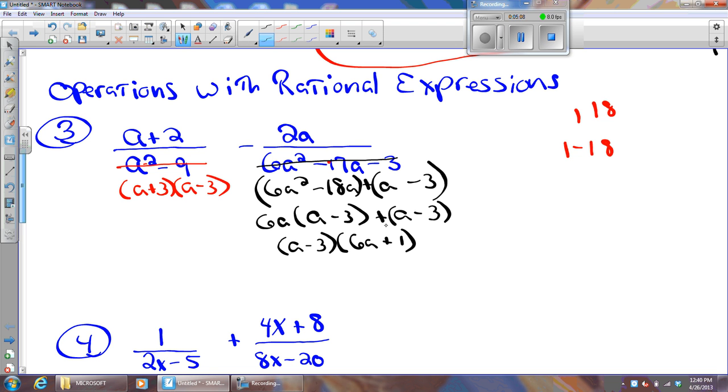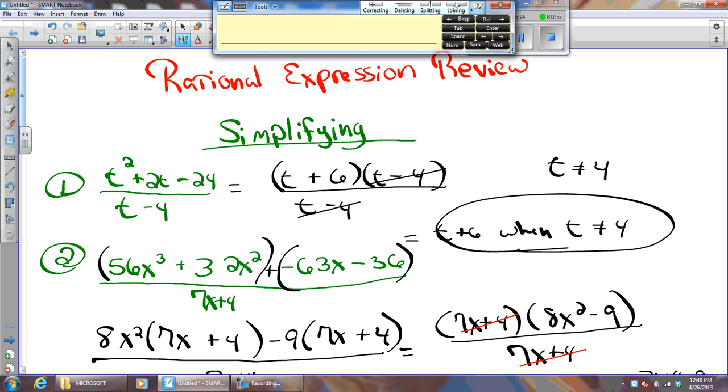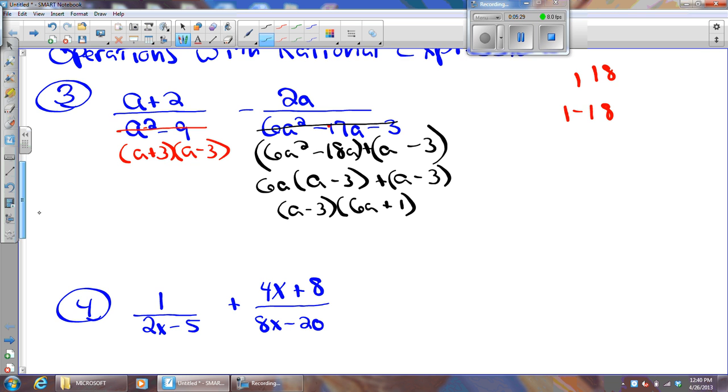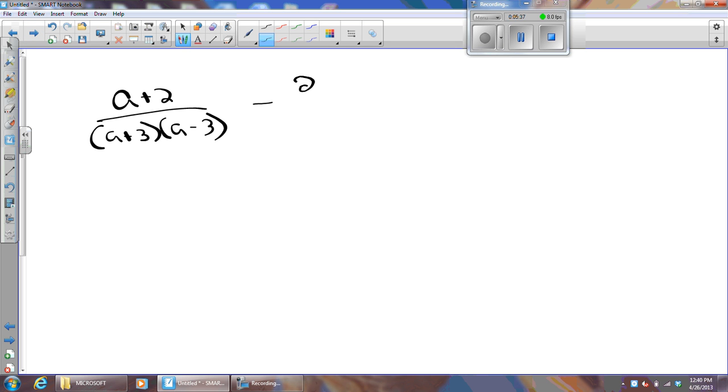Here I'm going to go to a new page: a plus 2 over a plus 3, a minus 3, and then I'm going to have to subtract 2a, so I'm going to have minus 2a, and then I'm going to have an a minus 3 over a 6a plus 1, right?